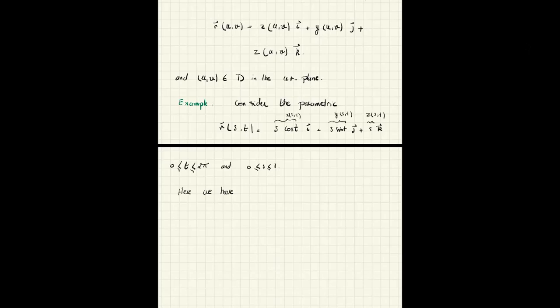We have x(s,t) is equal to s cos t. We have y(s,t) is equal to s sine t. You have z(s,t) is equal to s, okay?